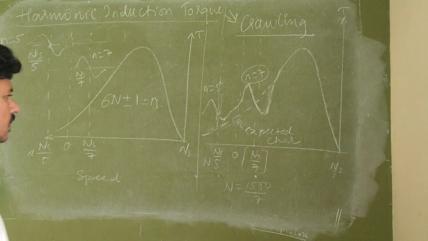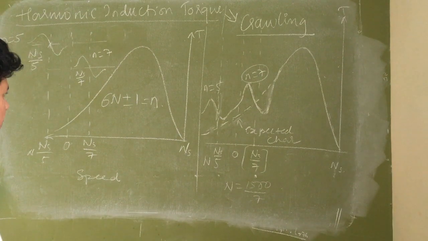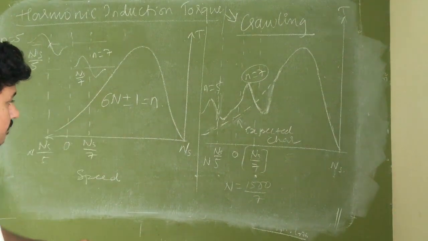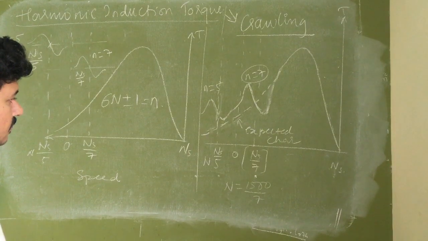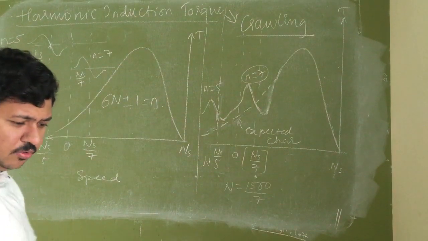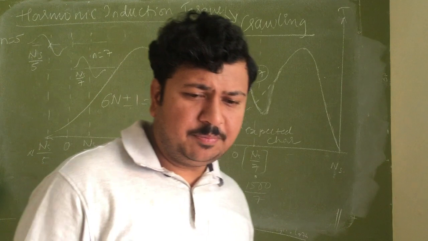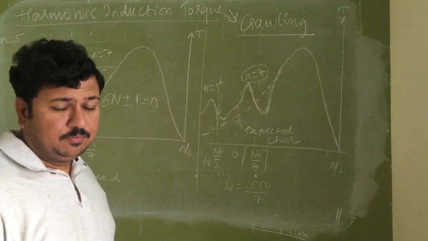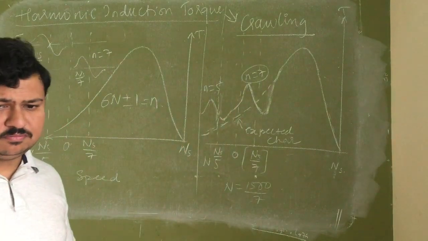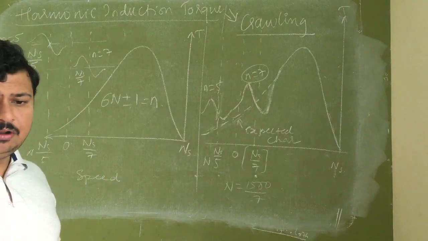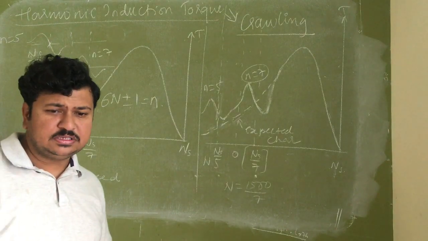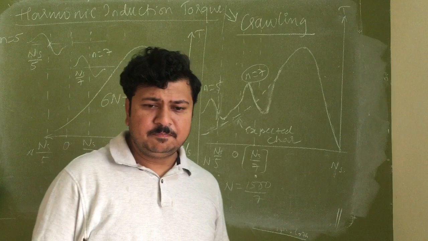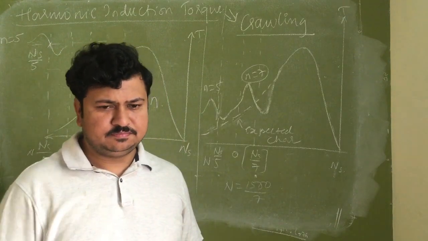So like this, the crawling of the induction motor will happen if the proper slotting is not done in the rotor. Okay, proper slotting, I have to think of the rotor only, because the stator number of slots are already fixed.